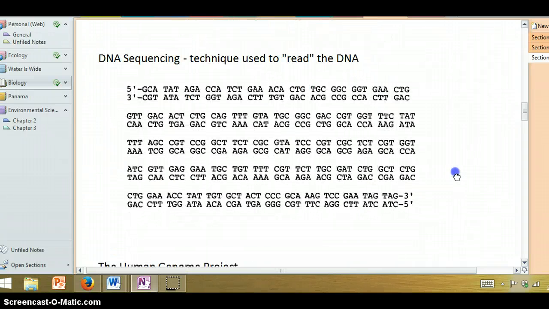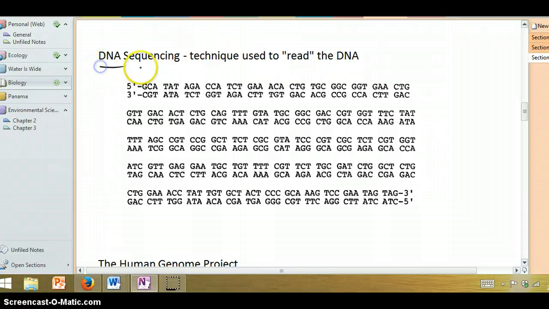All right, another technique, DNA sequencing. So here we are literally figuring out the sequence of A's, T's, C's, and G's in that individual's perhaps their complete genome or just an individual gene. You can do the whole thing or just parts. So you're figuring out the sequence of bases.